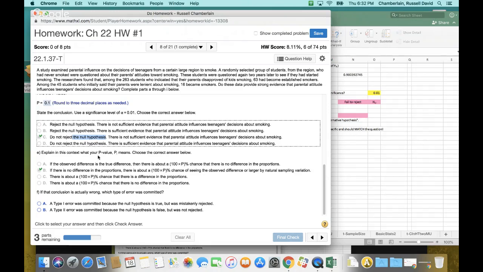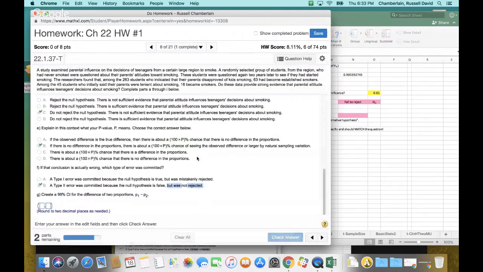If our conclusion was wrong, we would have failed to reject the null when it was in fact false. We accepted the null hypothesis when it was in fact false. That is simply defined as a type 2 error. There's two types. Because the null hypothesis is false, but it was not rejected.